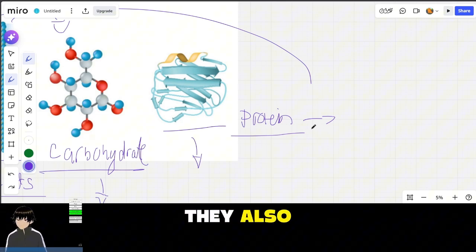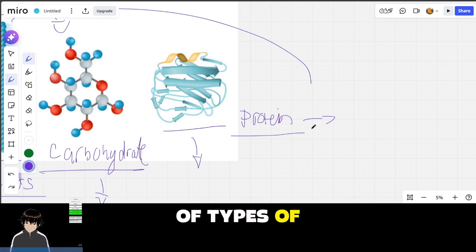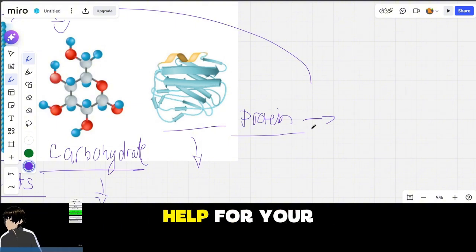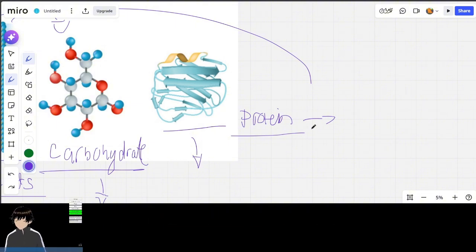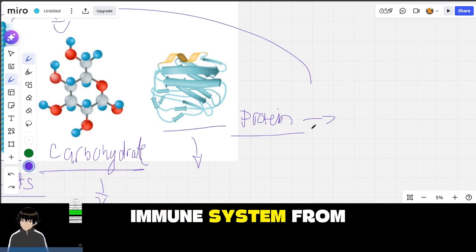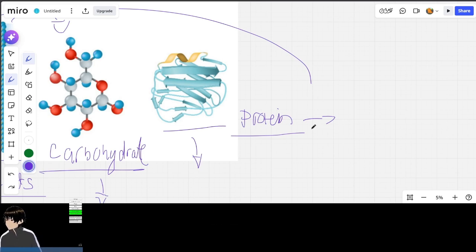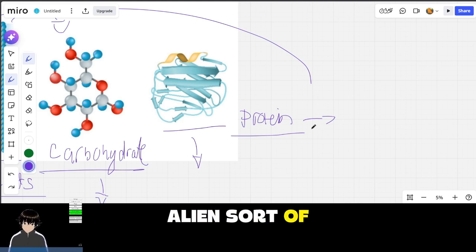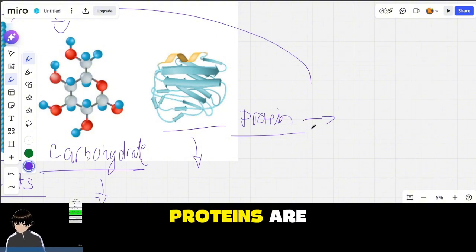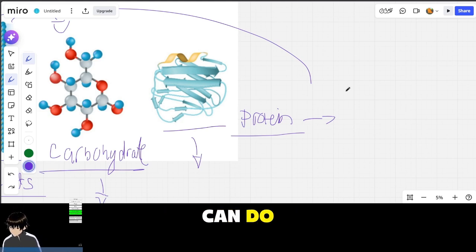There are lots of types of proteins, and for one example, there are antibodies, which help with your immune system. They try to defend it from any alien organisms that may enter your body and could potentially harm you. They help with tissue as well. So there are a lot of things that protein can do.